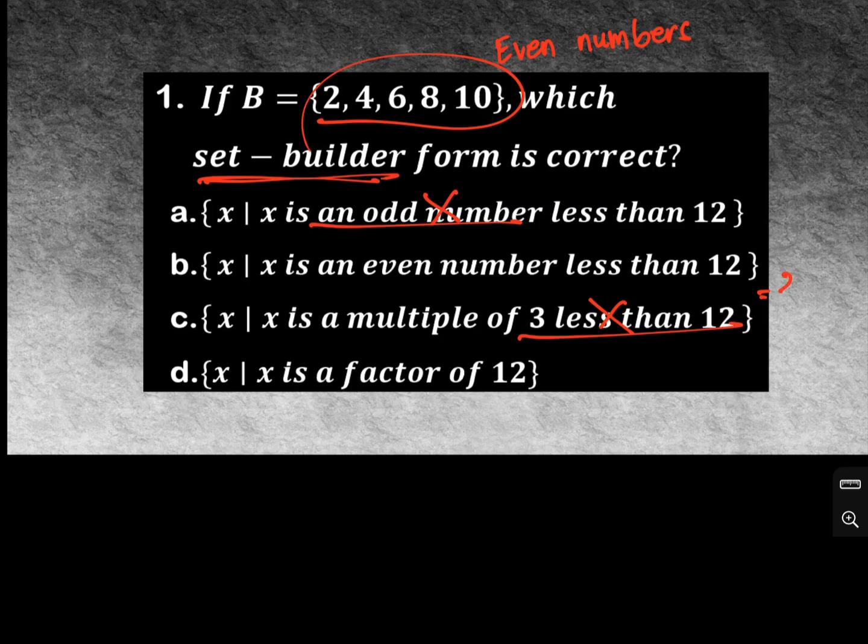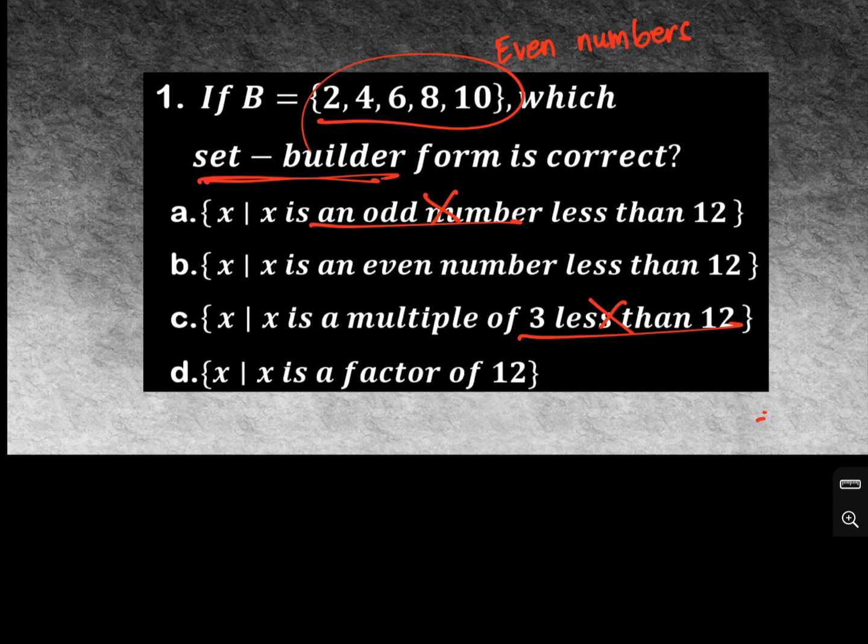And for letter C, x such that x is a multiple of 3 less than 12. So not all those given numbers are multiples of 3, because 2 cannot be divided by 3. 4 is not also. 6, yes, because 6 can be divided by 3.